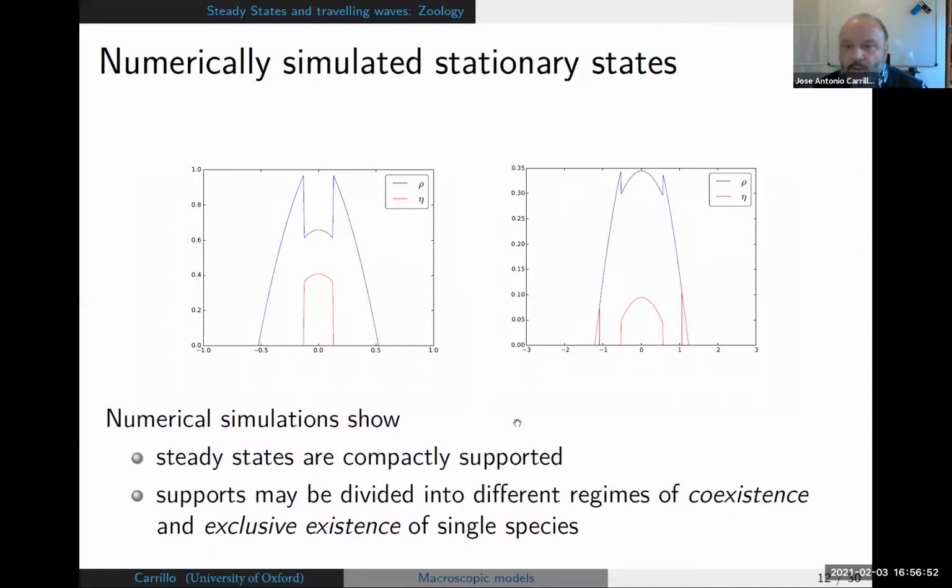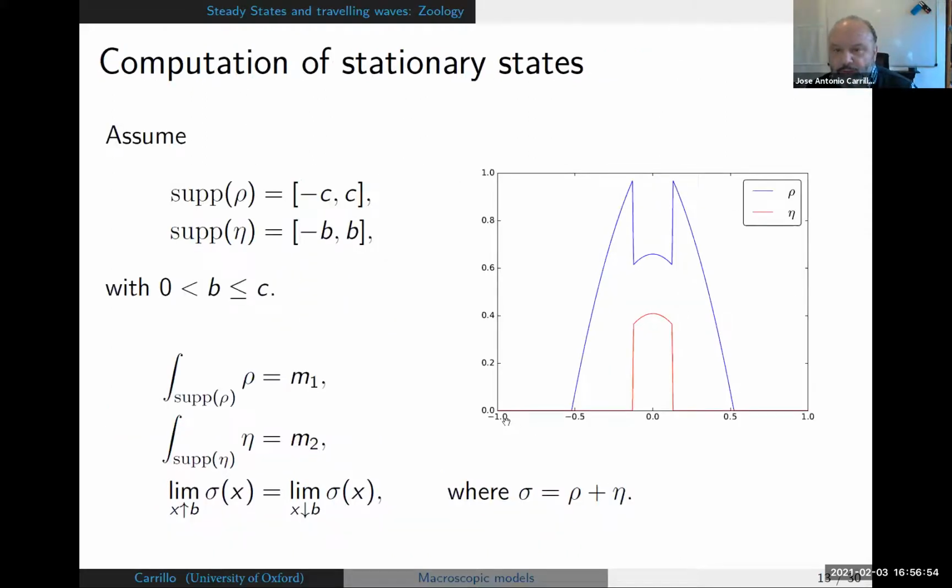Okay, so let me continue with the case. You can compute them even explicitly in this case, as I said. The basis to compute them explicitly is that in this particular case, which we call the Batman profile for obvious reasons, you can compute it by just putting the constants on the masses, assuming that the total population is continuous everywhere, in particular at the end of the support, assuming that you have a support of rho larger than the support of eta.